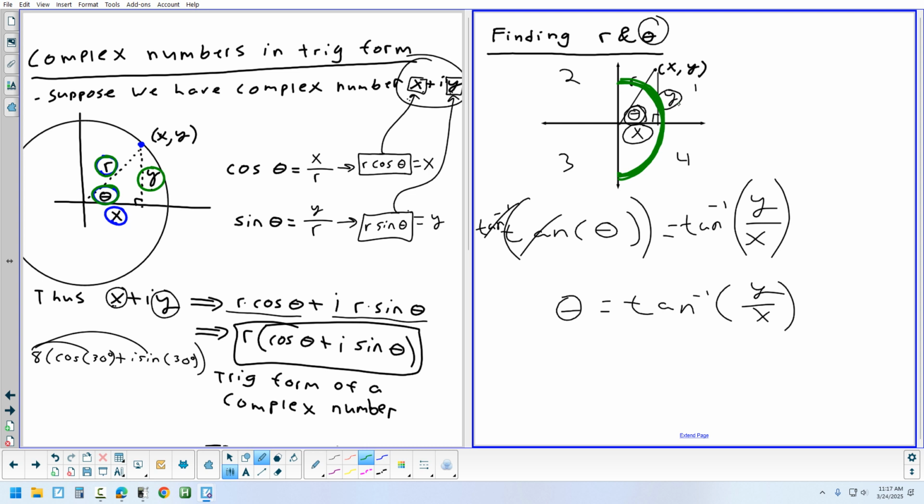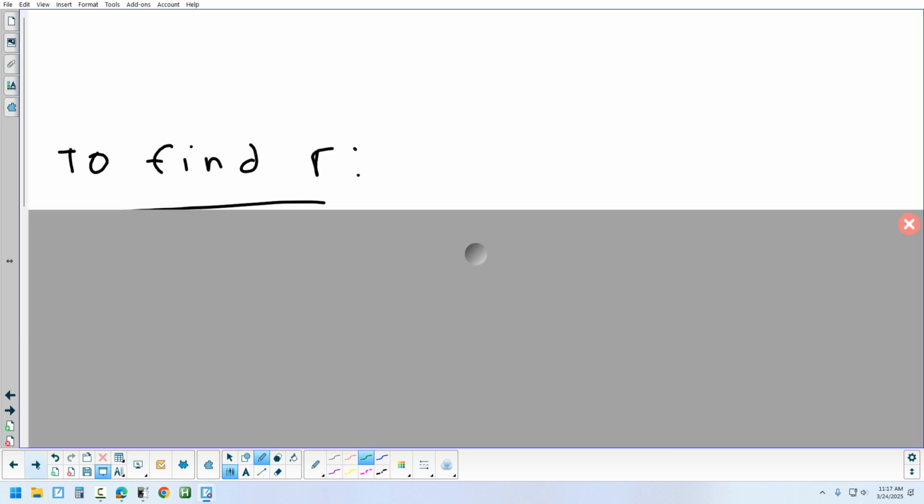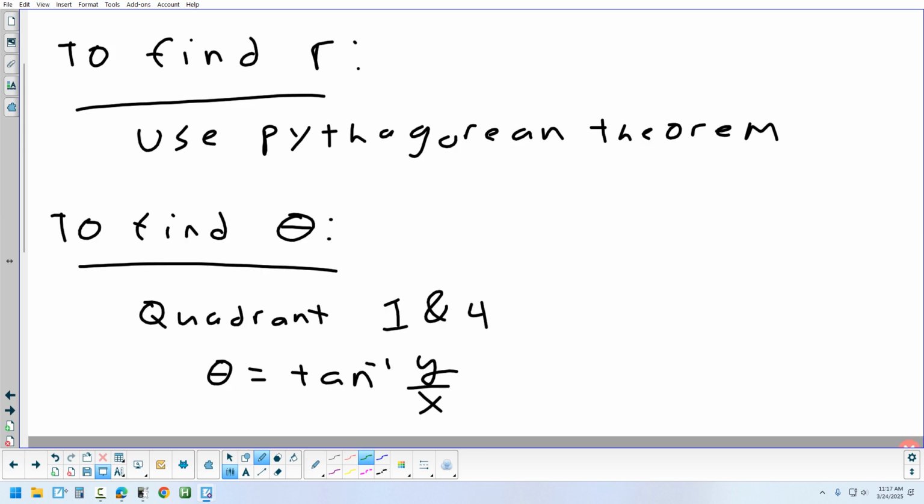Yes, making the x coordinate negative is a 180-degree rotation. So for quadrants 2 and 3, we have to add 180. But for quadrants 1 and 4, inverse tangent will work fine by itself.